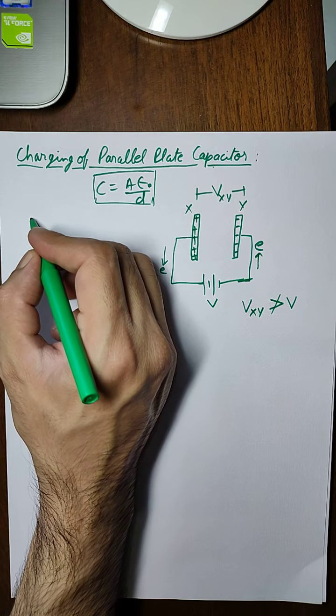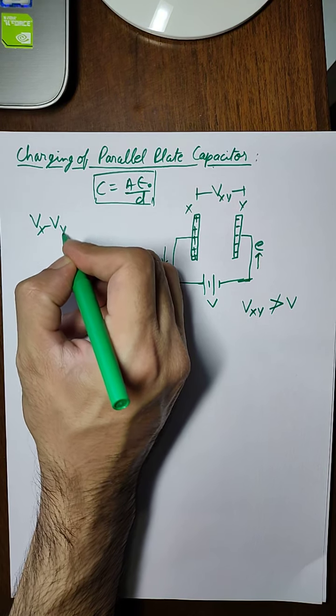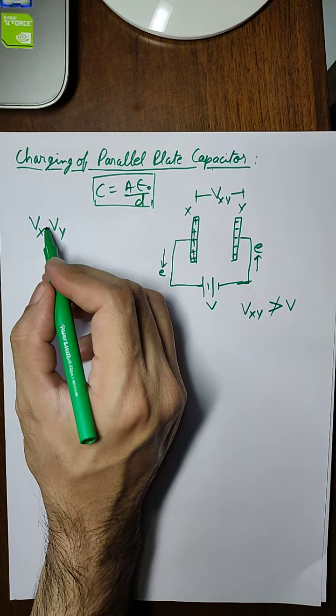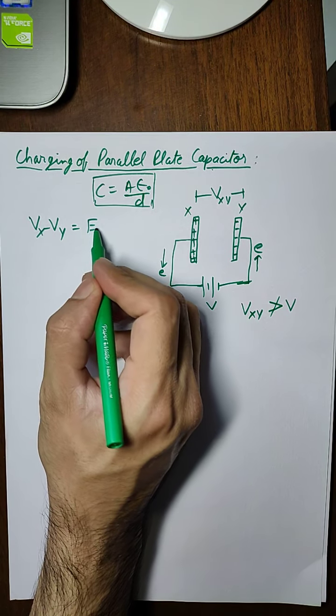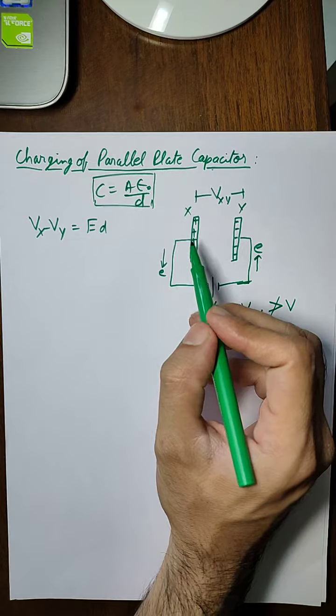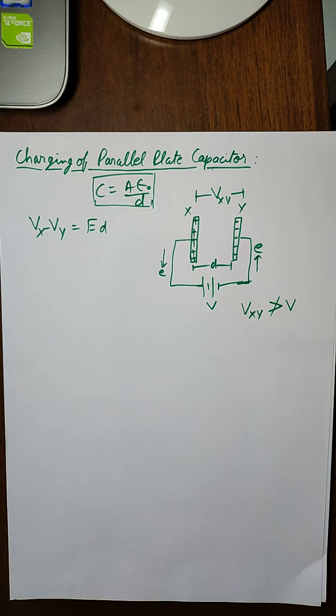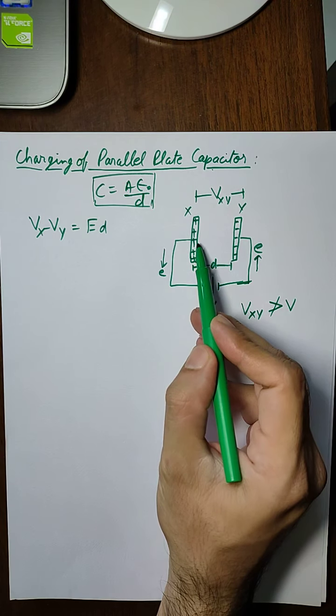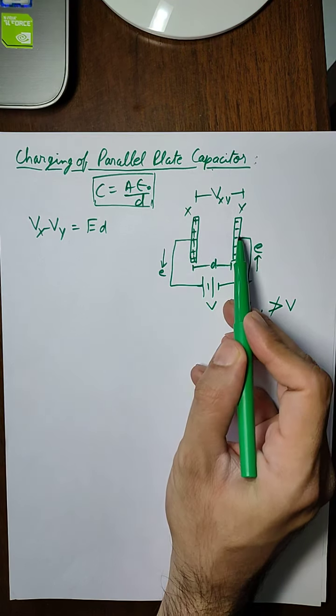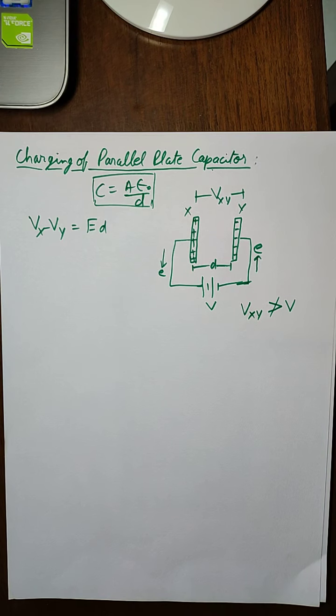So we can say that the potential difference Vx minus Vy between plates X and Y will be equal to Ed, where d is the separation between the plates. As the charging increases, as the positive and negative charge on plates X and Y increase, the value of the electric field will also increase.